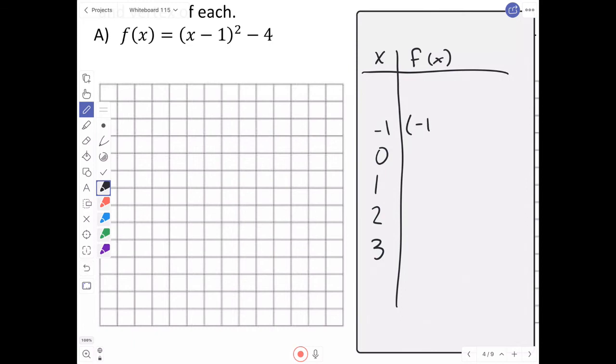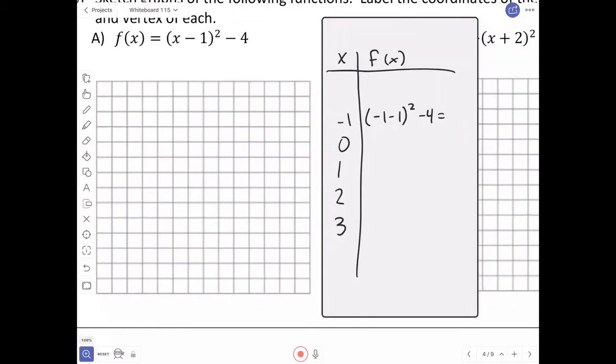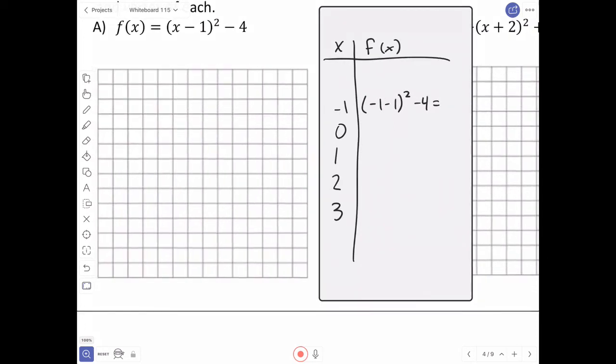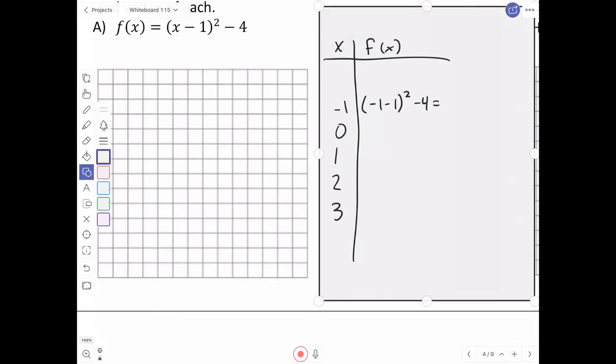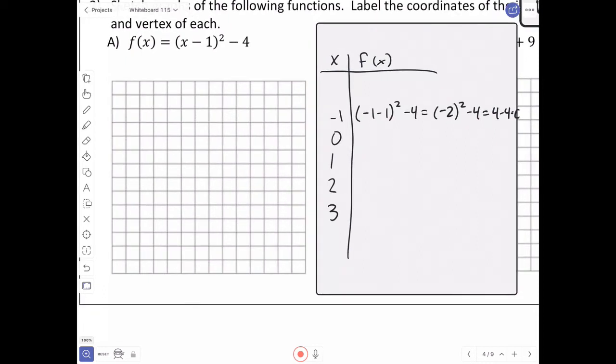So negative 1 minus 1 squared minus 4 is negative 2 squared minus 4, which is 4 minus 4, which is 0. So when I plug in -1, I get out 0.